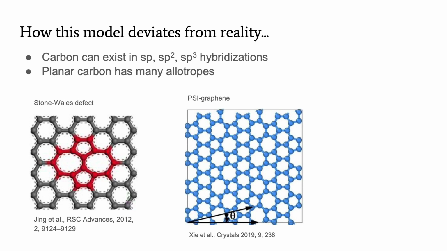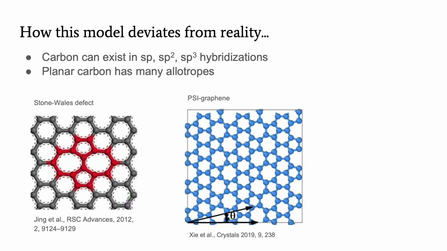Planar carbon also has many allotropes, such as PSI graphene, shown in the bottom right. And there are also different types of defects. My model assumed simply just a deletion of carbon atoms, but in reality, vacancies can affect the structure in different ways. For example, in the bottom left, I have a picture of a Stone-Wales defect.